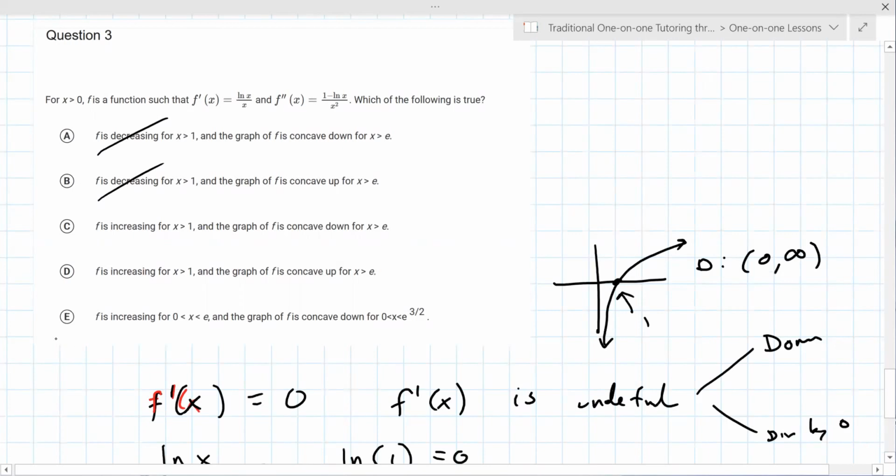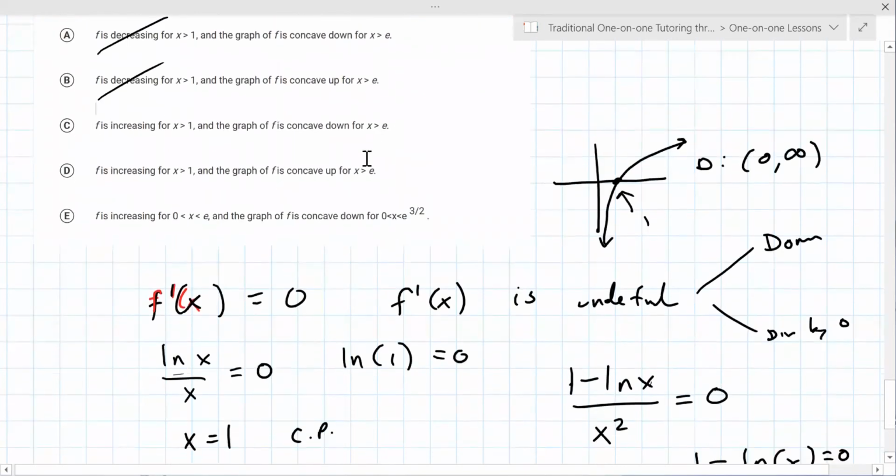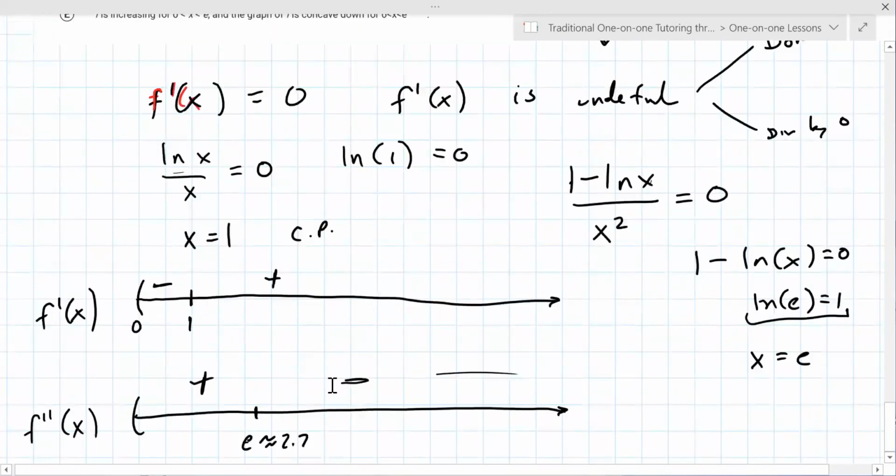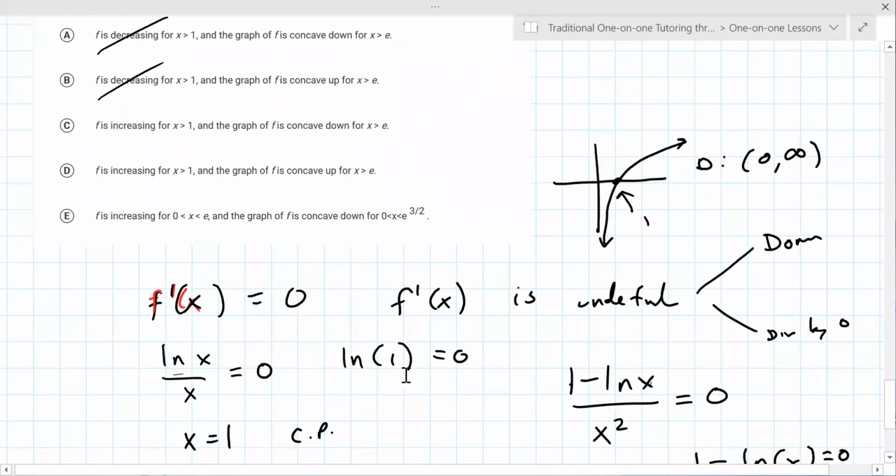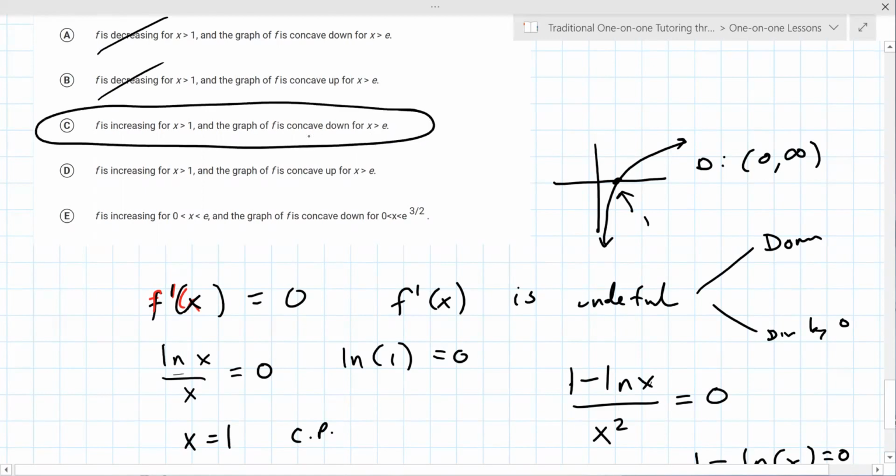And then what is happening greater than e? Greater than e, it's concave down. You want to look at the second derivative for concavity. Oh, I see. So this is the correct answer, because it is concave down for x greater than e.